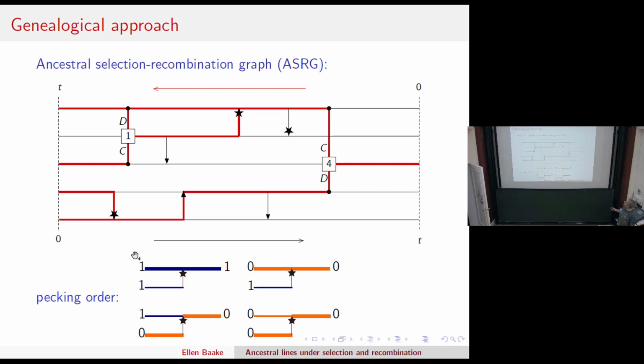So, to get back to this case, we don't know the parent because we don't have the type, so we follow back both possibilities and we get a branching event. Okay, and then when we have constructed that graph, we again assign types to all the lines in the graph, and we propagate them forward exactly as in the original Moran model, and this gives us the type of the individual today.